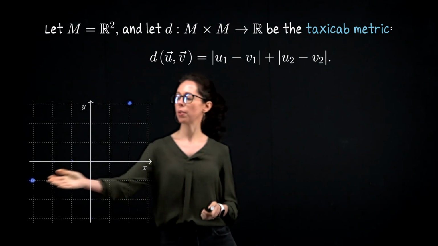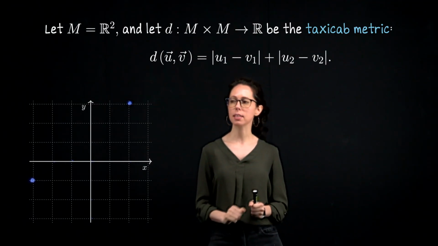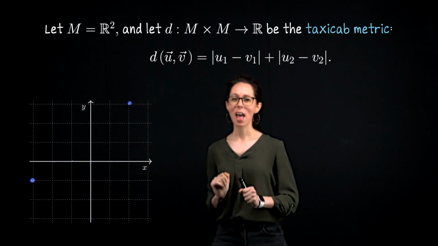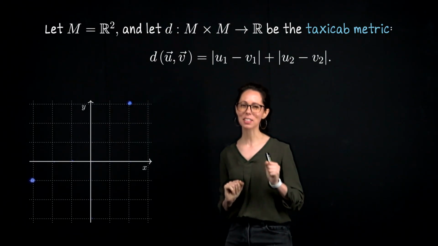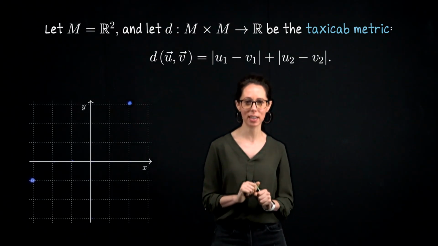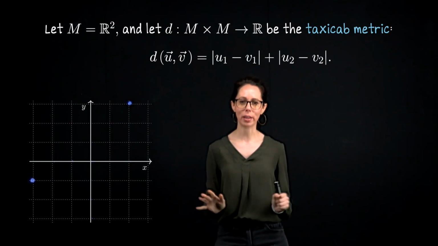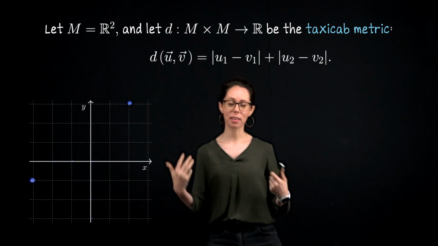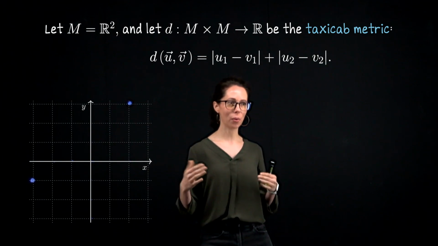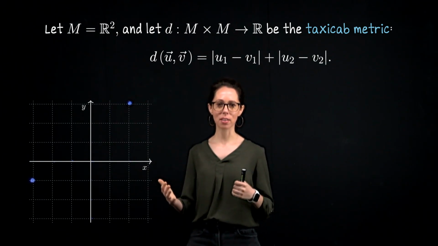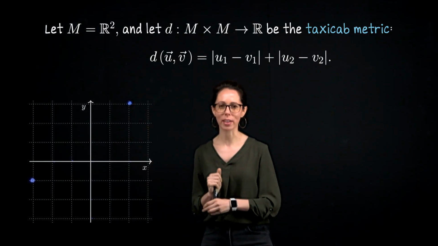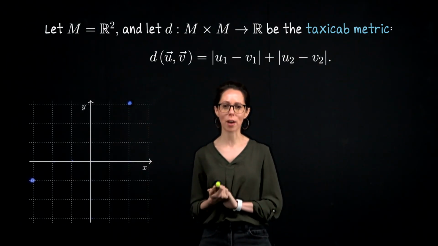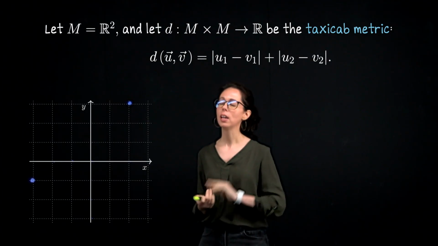Symmetry: is the distance from here to here the same as the distance from here to here? That is actually true for this function, but it's not necessarily true in a real city because you might have something like a one-way street. In the place where I live, if I want to drive from the north side of town to the south side, I actually have a different trajectory based on traffic and unusual traffic patterns through the center of town.